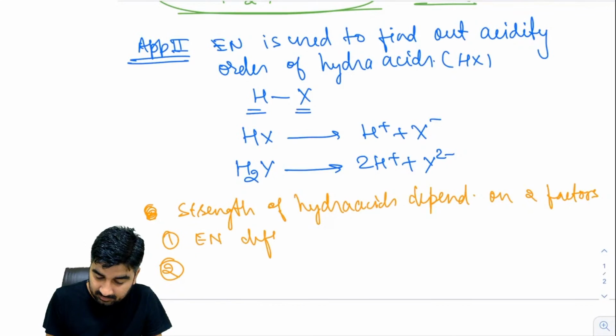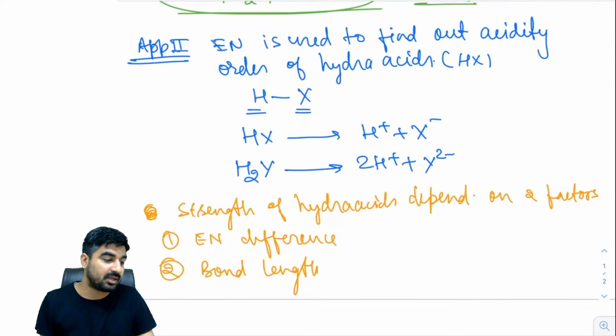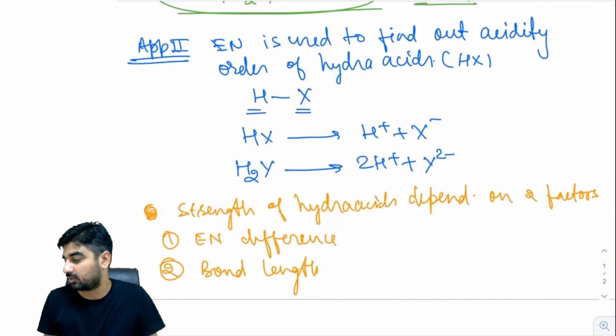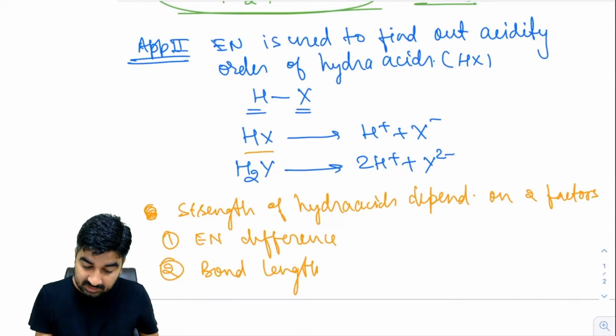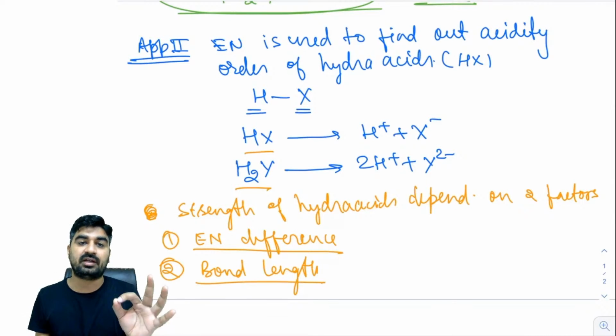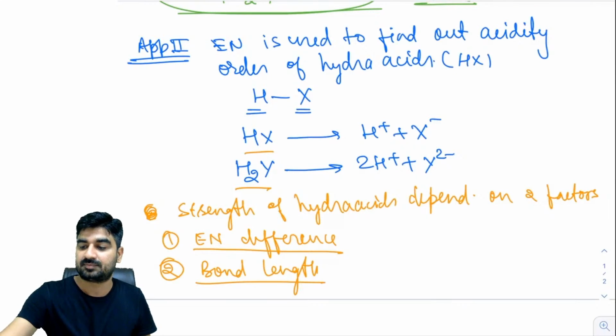Electronegativity difference, and the second one is bond length. Very important thing I'm going to teach you. Many a time JEE has asked this question. Very important. So this acidic strength depends upon 2 points. One is called electronegativity difference and another is called bond length.